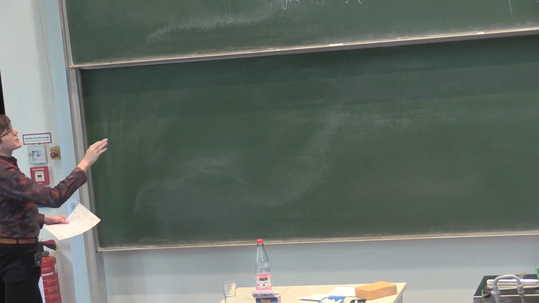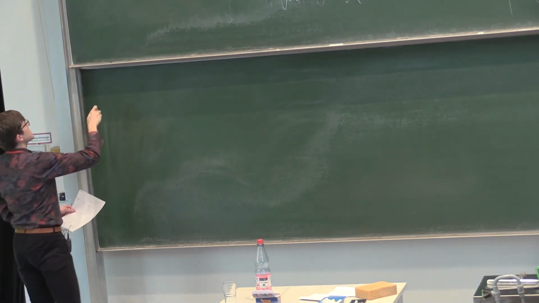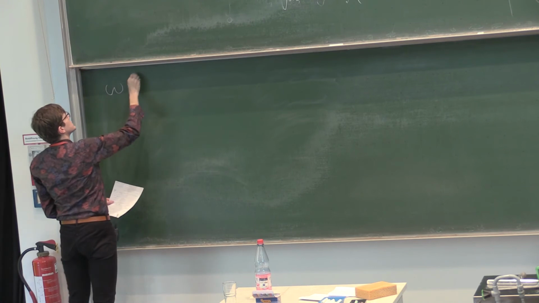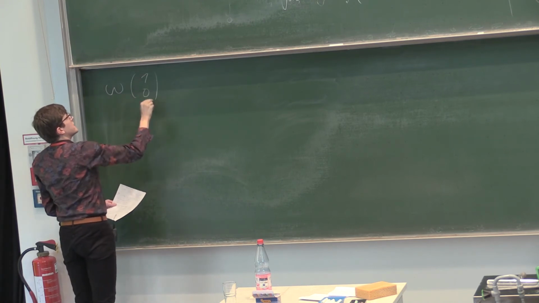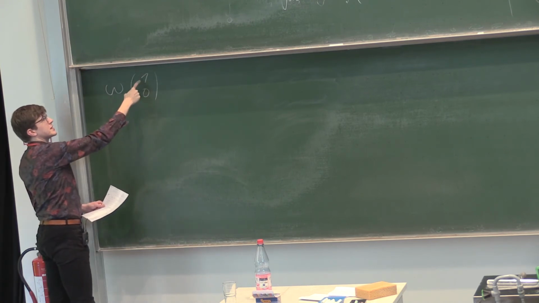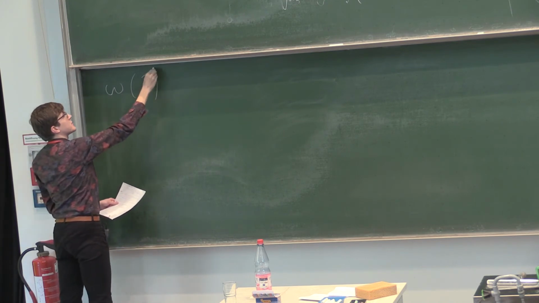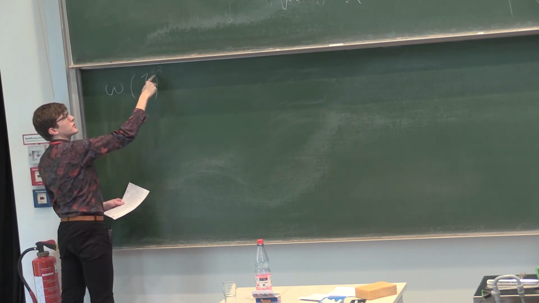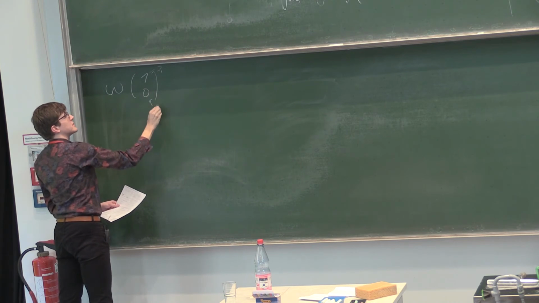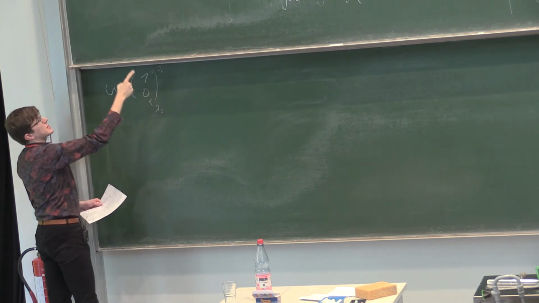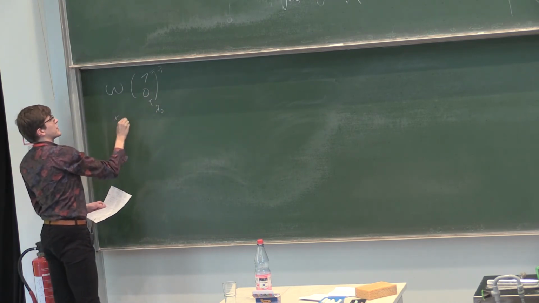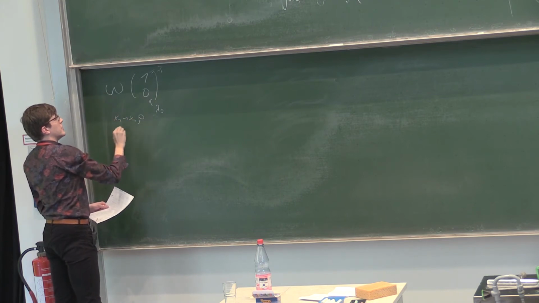Maybe just to make clear how this relates to what we did. So this omega, if I choose this as my lambda vector, so this is lambda 1, the exponent of rho in x1, this is lambda 2. So this means exactly the scaling there. So I scale x1 by rho, and I do nothing to x2. x2 is not touched.